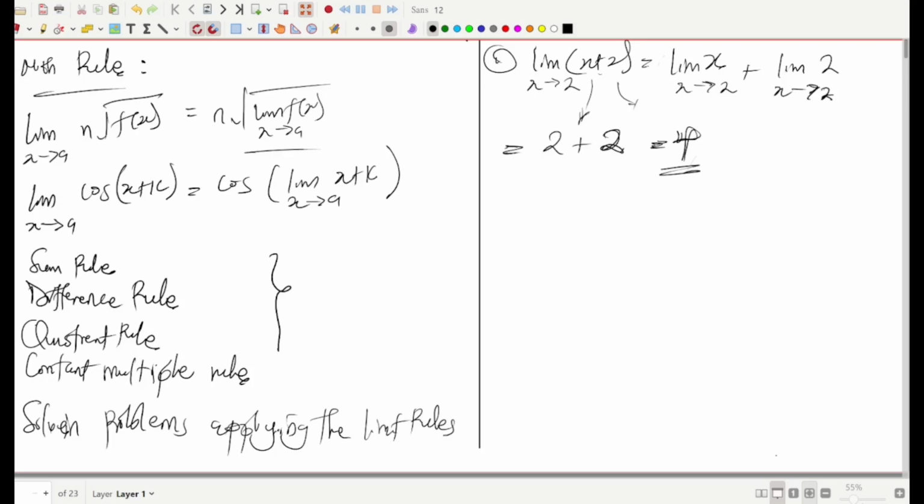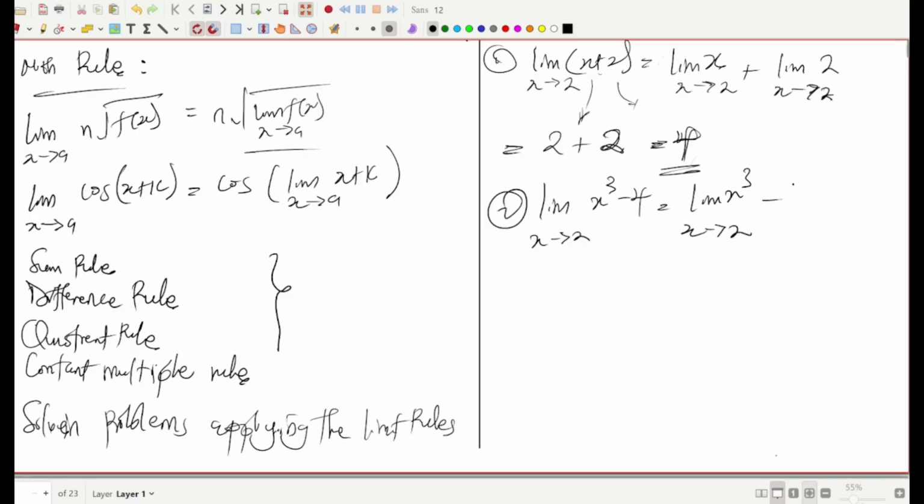Now let's have another example. Say the limit as x approaches 2 of x cubed minus 4. We'll have the limit of x cubed as x approaches 2 minus the limit of 4 as x approaches 2.